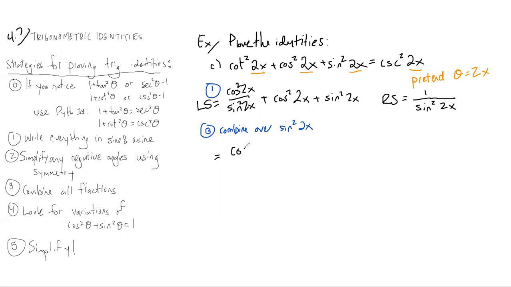So I will get cos squared 2x plus, well, let's say maybe you've noticed something else, but let's say we're going to go about this completely wrong here. Cos squared 2x plus sine squared 2x cos squared 2x plus sine 4 2x over sine squared 2x.